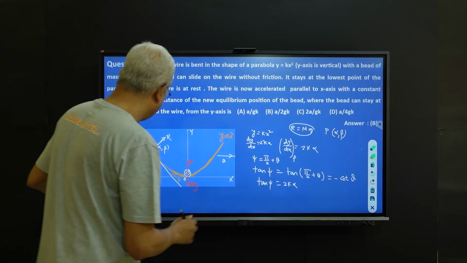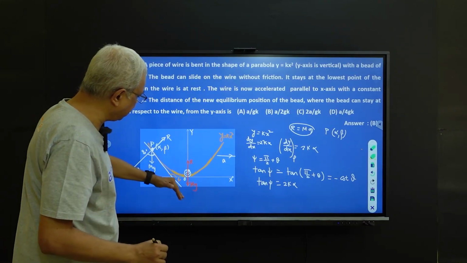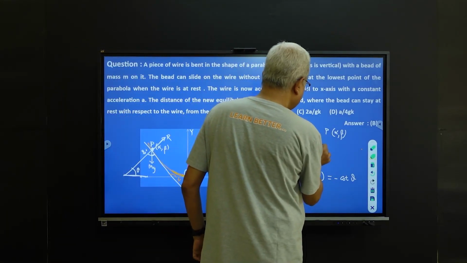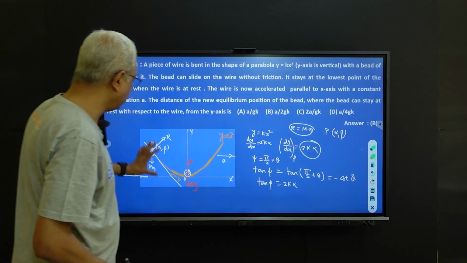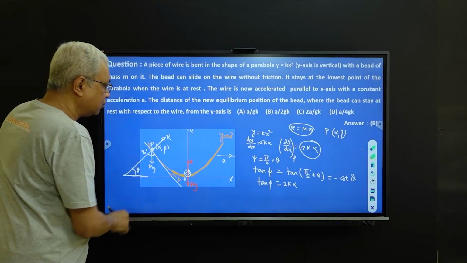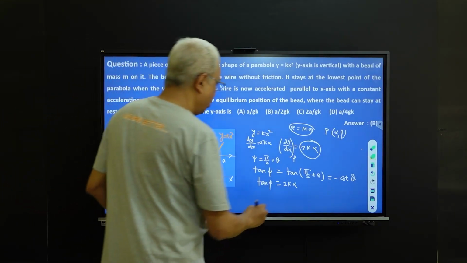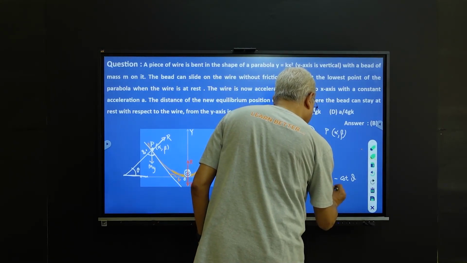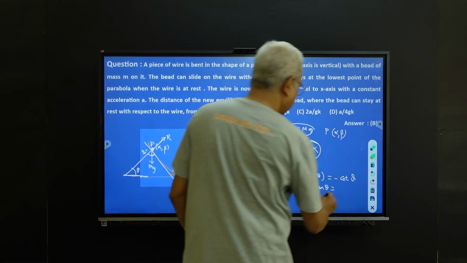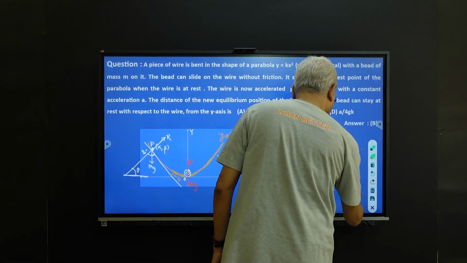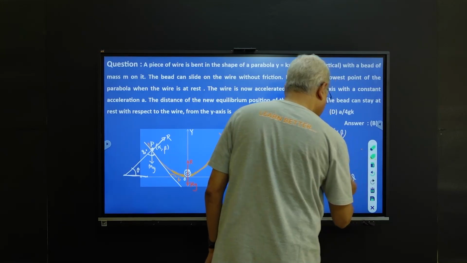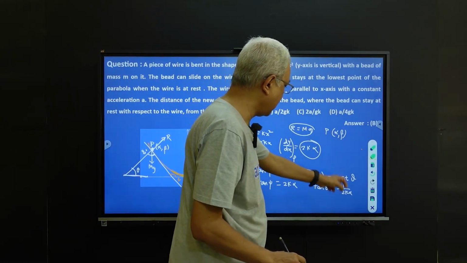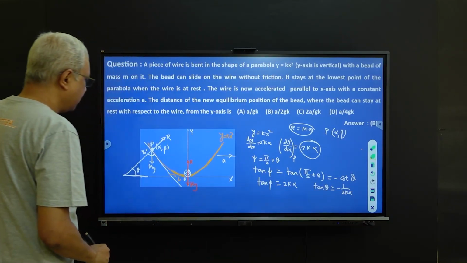So tan psi is the gradient of the tangent to the parabola at the point P. Up to this there is no doubt, I think. So tan theta is 1 by 2k alpha with a negative sign.